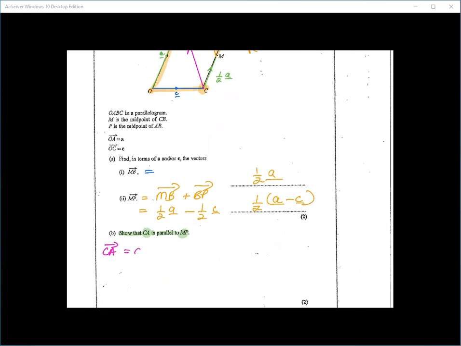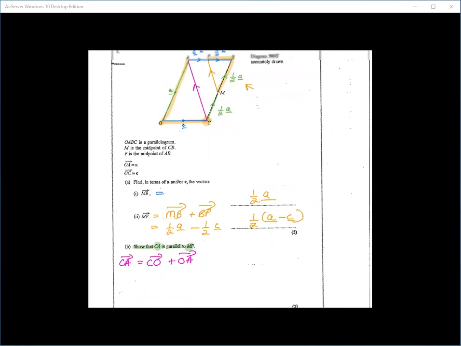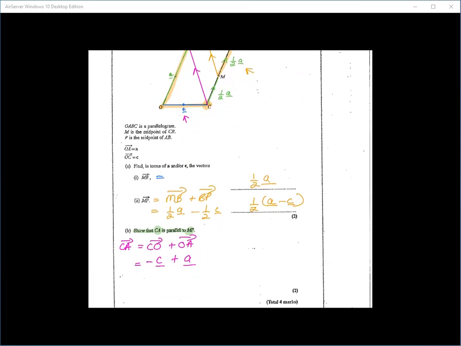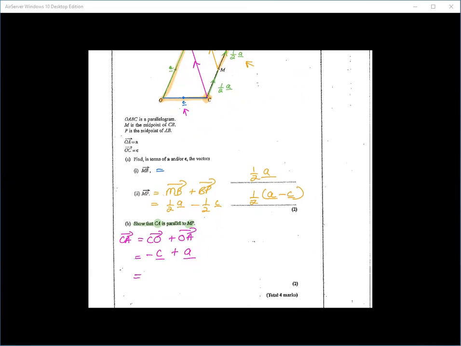So C to A equals C to O plus O to A, which is equal to, well, what's C to O? Minus C, because we're going in the reverse direction. Add A, because in the direction of A. Okay, lovely. Now if we change that around a bit, make it more alphabetical, it's A minus C, isn't it? Yeah.